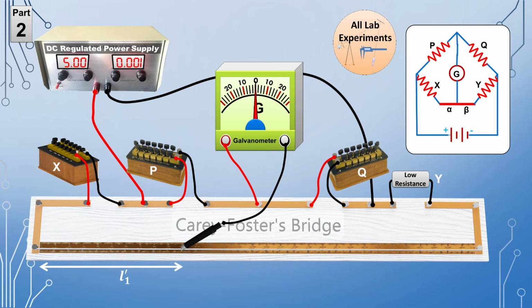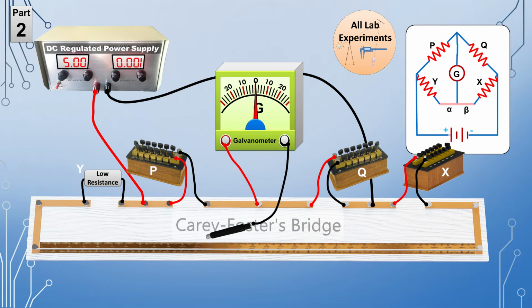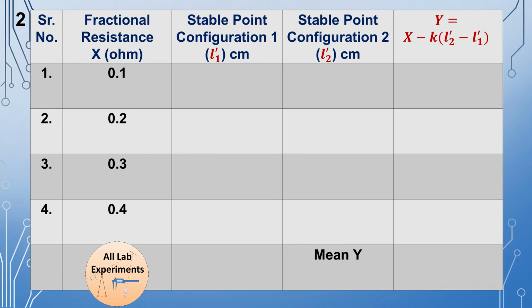Similarly, we will take this jockey away and switch X and Y as we did in the last part, and again we will find out the stable point for this particular configuration and call this L2 dash. Finally, we will make a table of this. Initially we applied a fractional resistance of 0.1 ohm.